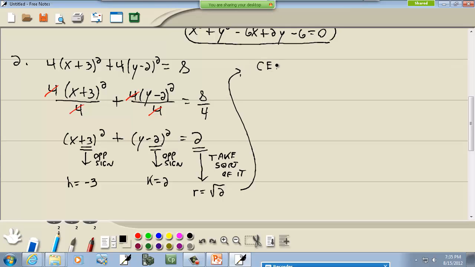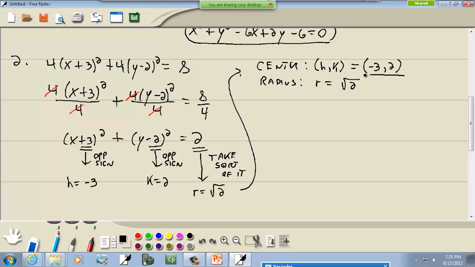So our center is h, k, which h was negative 3 and k is 2. And our radius is r, which is the square root of 2.